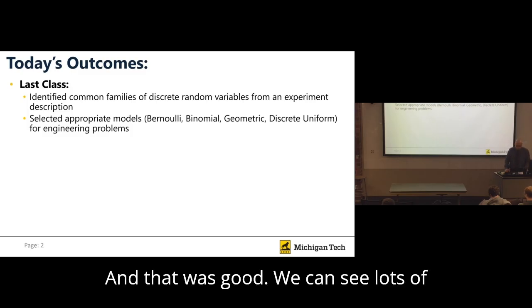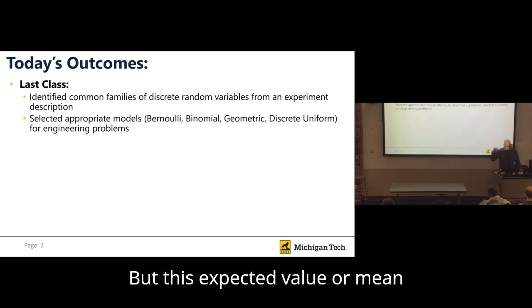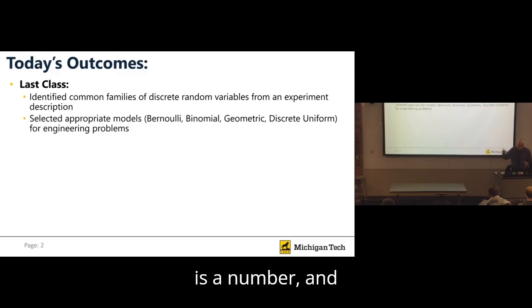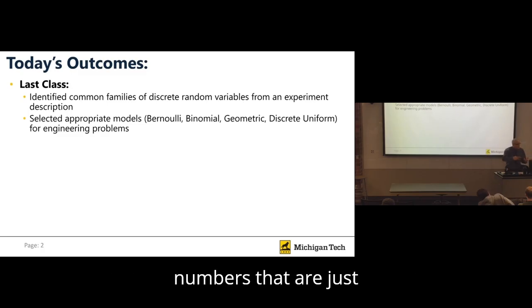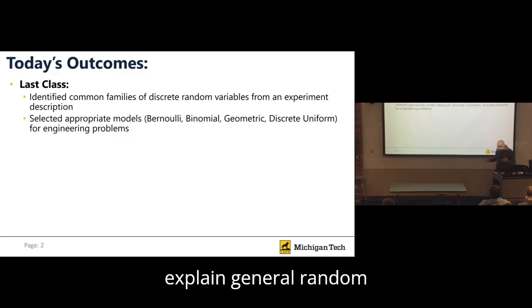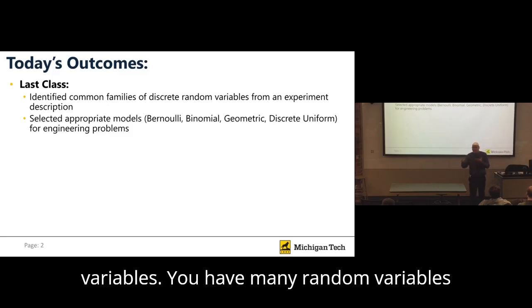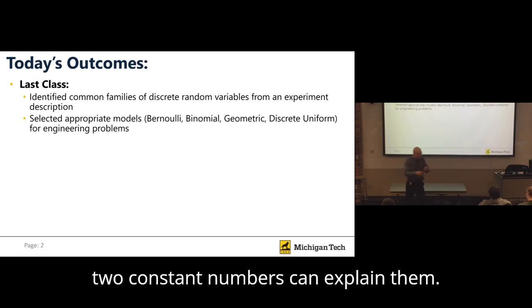We can see lots of applications of that soon. But this expected value or mean is a number, and variance is a number too. So these two constant numbers explain general random variables. You have many random variables that are random, not constant, but these two constant numbers can explain them. That's very interesting.